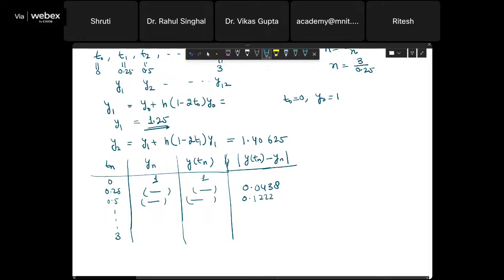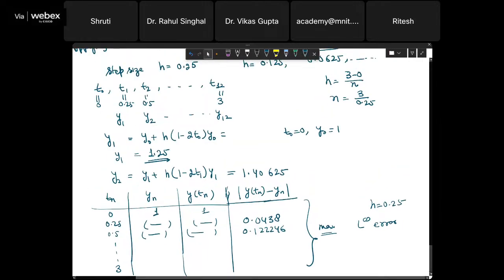As we are moving in the interval, we see that the error is increasing. Okay, so among these, if you take the maximum error involved, that will give you the L infinity error in the case when the step size is 0.25.